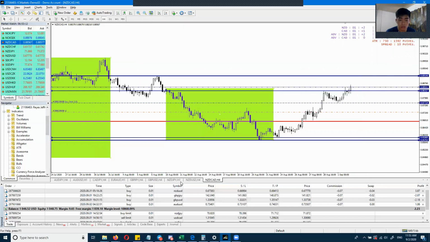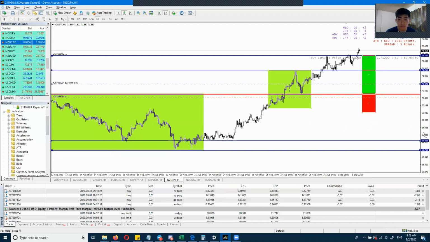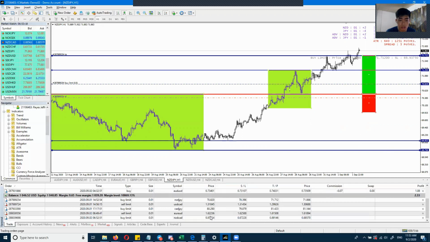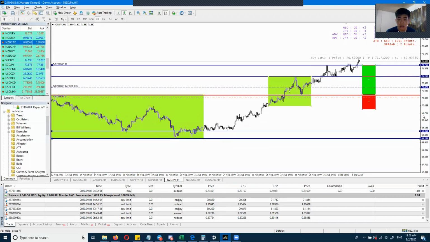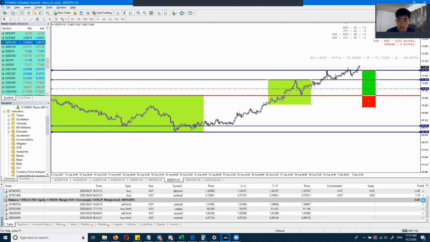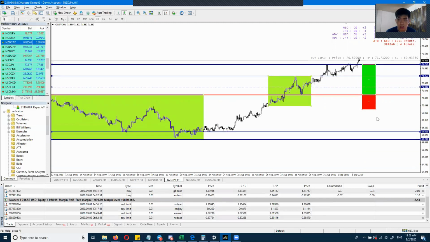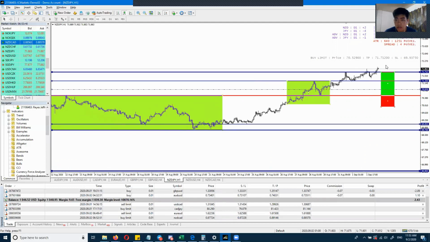Then NZD-JPY. Hindi na hit, so i-update natin. So NZD-JPY, tanggalin natin yung previous order. Hindi na hit, then ako ng bagong plan. Ang possible TP ko dito yung kanyang top.